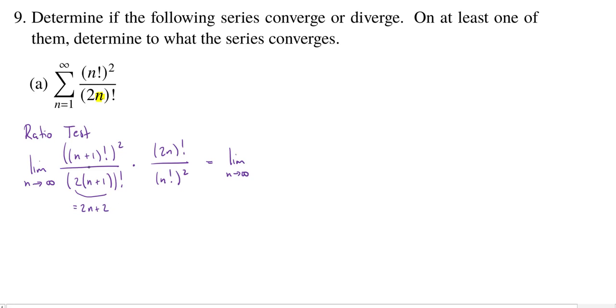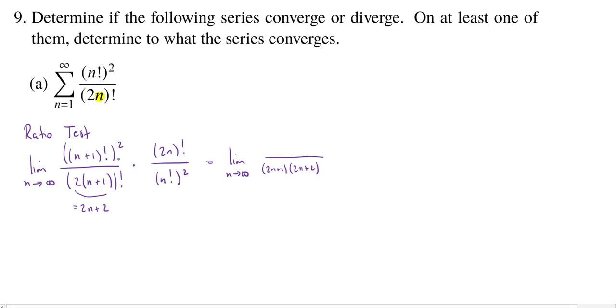So this will be all of the numbers multiplied from 1 up through 2n plus 2. So we get up to 2n on the top, we get up to 2n plus 2 on the bottom. In total, we're going to get cancellation of everything except for the 2n plus 2 and the 2n plus 1 terms. Okay, so there's 2n plus 1 and 2n plus 2.